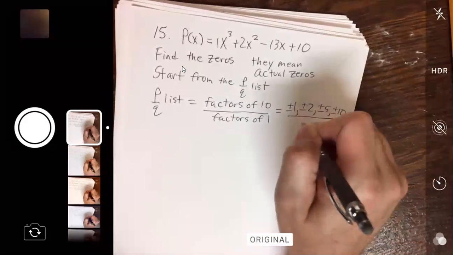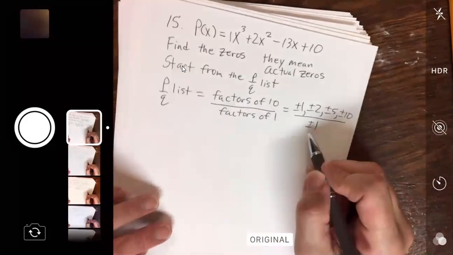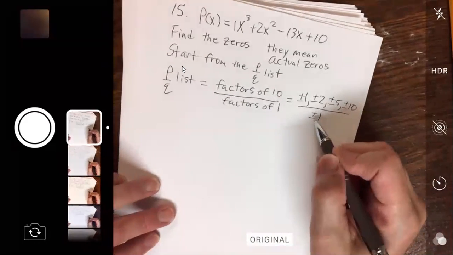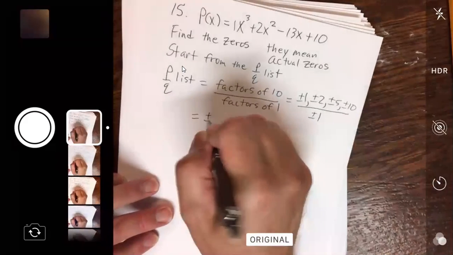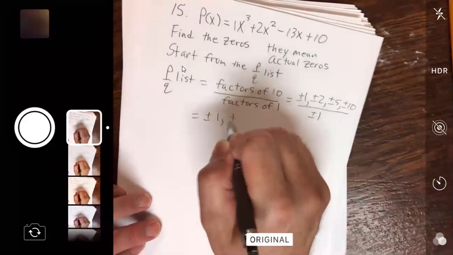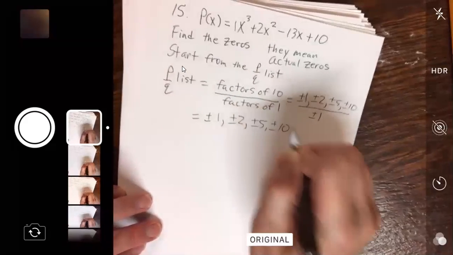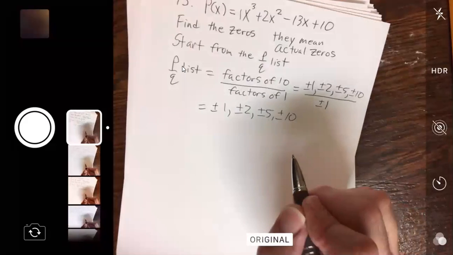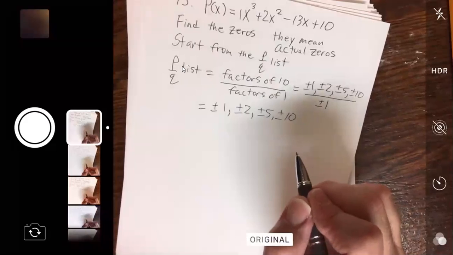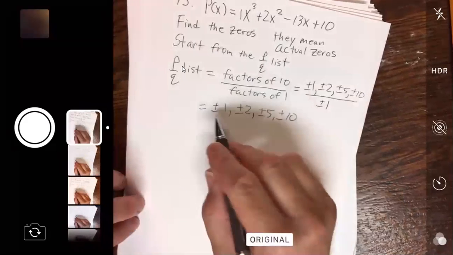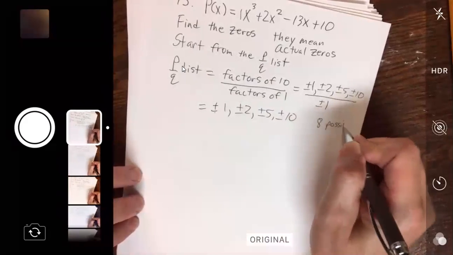Factors of 1, still plus minus 1. When you have 1 on the bottom, it's just the top numbers. This means plus minus 1, 2, 5, and 10. That means there's 8 possible zeros.